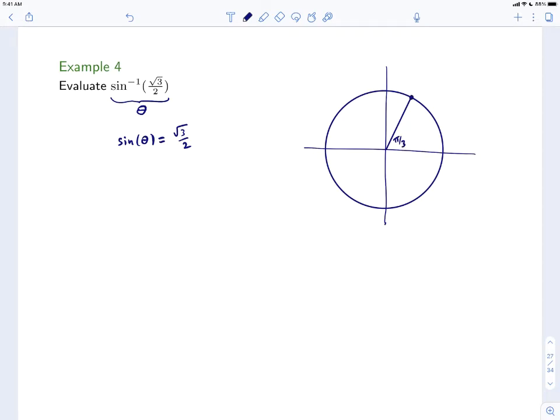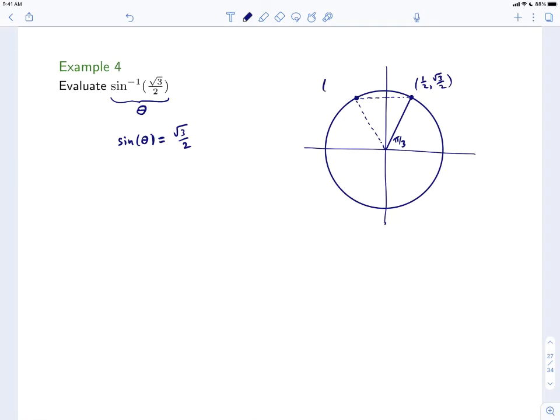So when theta is pi over 3, that gives you the point with coordinates 1/2 and square root of 3 over 2. So that's one such place where the y value is square root of 3 over 2, but that's not the only one. In fact, we can just look at a reflection over here, and this point also has y coordinate square root of 3 over 2.